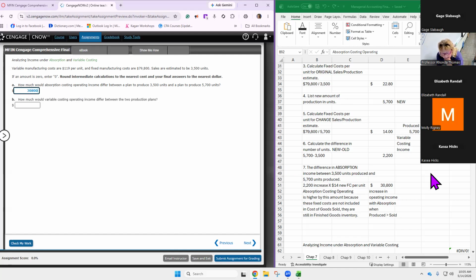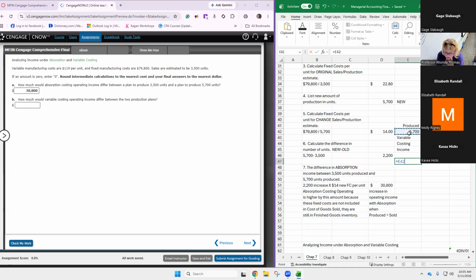And here's why. Absorption costing operating income is higher by this amount because these fixed costs are not included in cost of goods sold. They are still in finished goods inventory. So the increase in operating income is equal to the extra units produced times the new fixed cost per unit. The reason is, if we're selling 3,500, how many do we still have in inventory?